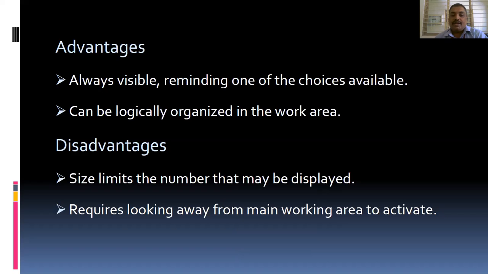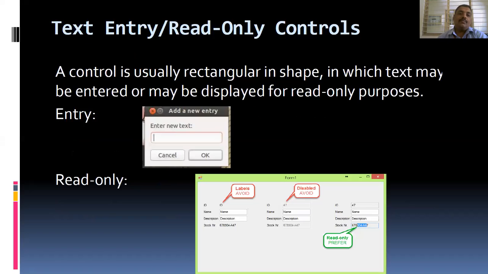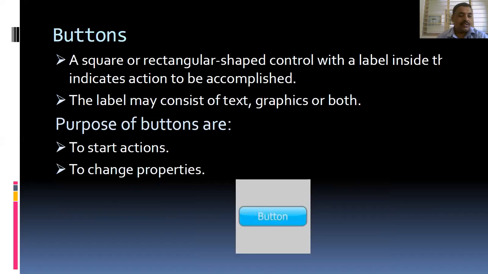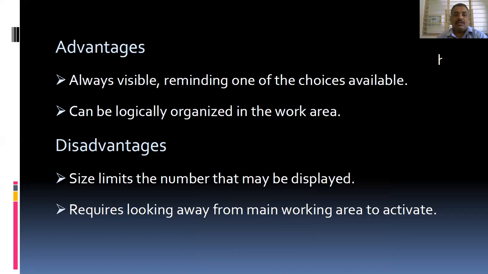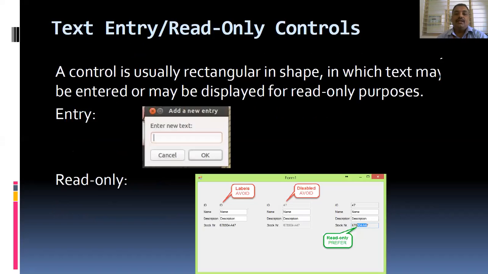Whatever the main working area is, the button needs a special position apart from the working area. That is the meaning of the drawbacks of buttons. So, on buttons, we understood what a button is, what the purpose of a button is, and also the advantages and disadvantages of the button. Okay, next come to the text entry.